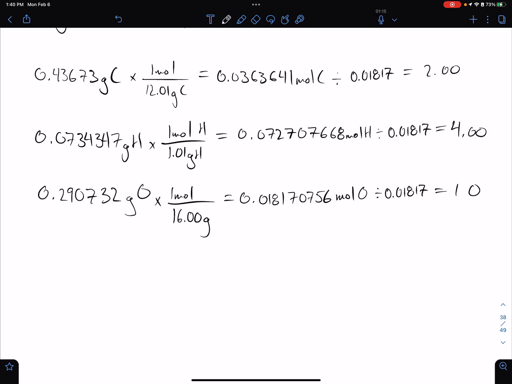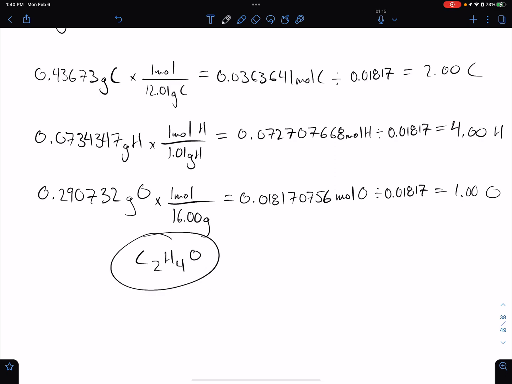So this will be 1.00 exactly for oxygen. So the empirical formula is C2H4O1. So I can leave off the 1. And that is how you solve that problem.